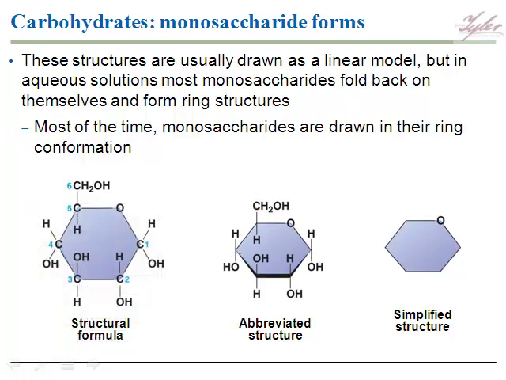It means those carbons are there wherever a bend in the molecule is. And then we can get very, very simplified and just draw this guy. And this is what you usually see in your book in the diagrams, is that simplified structure. But again, it's a hexagon, 6 sides, glucose.